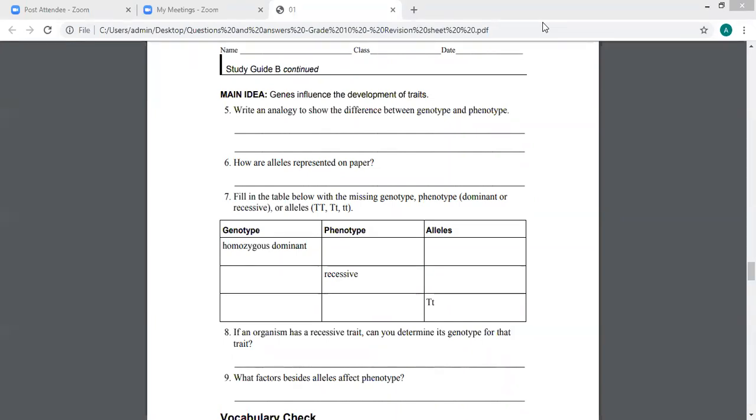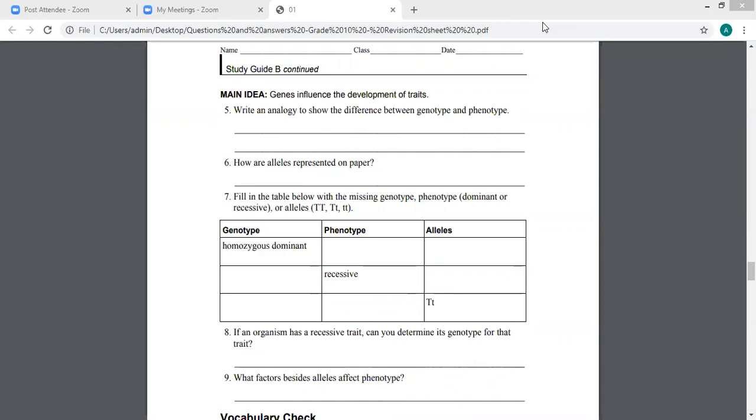Again, phenotype is about the characteristics, the physical expressions of genes, but the genotype is a set of genes in DNA. Or we can say that phenotype is observable traits.